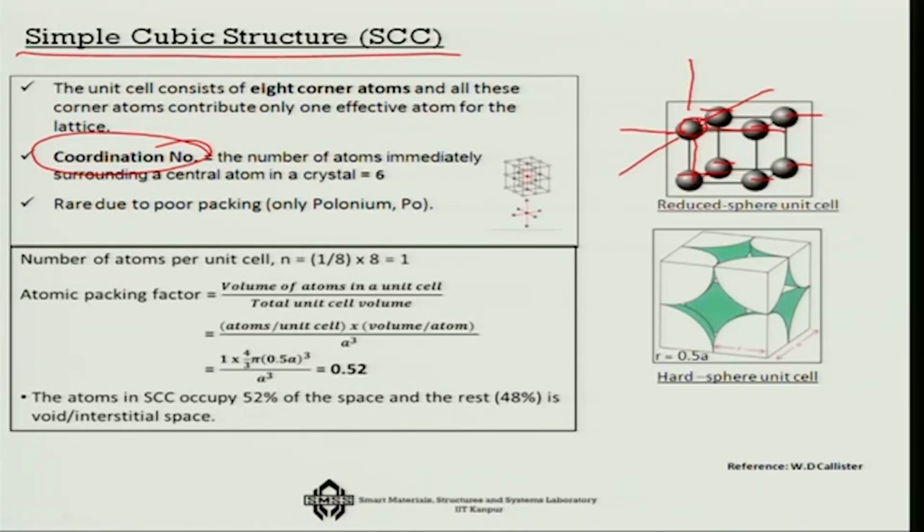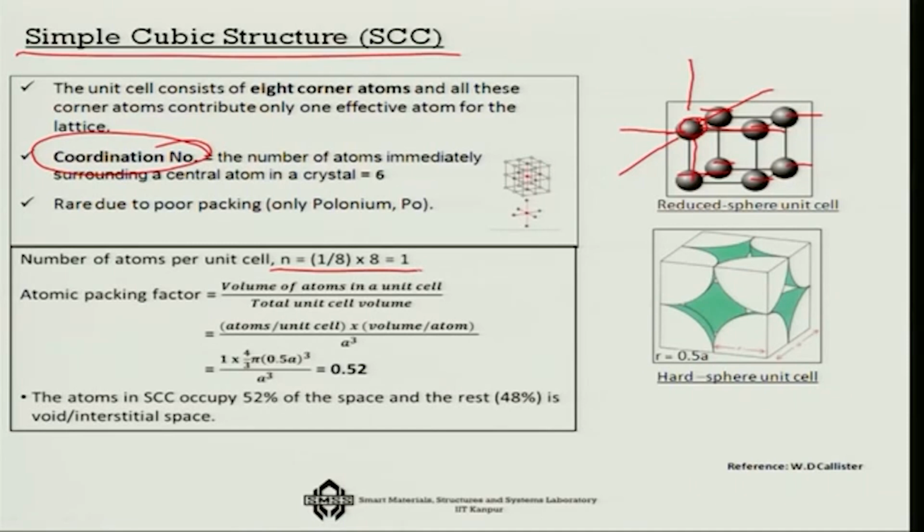If you try to find out the packing, that means the number of atoms per unit cell, you can do it in this manner: there are 8 atoms, and each one of the atoms contributes 1/8 to the whole thing. So, N is unity.